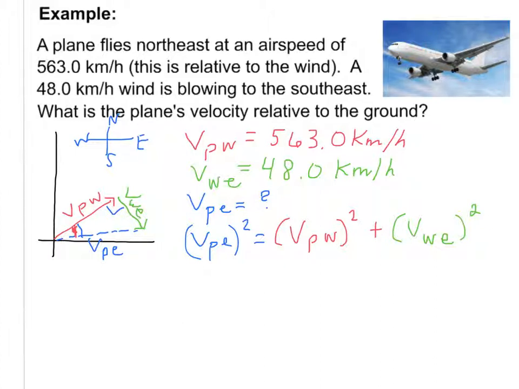If I substitute values in, I can substitute my 48.0 into here, my 563.0 kilometers per hour here, and I take the square root of all of that, I will determine the velocity of the plane to the Earth. And that will be 565 kilometers per hour.